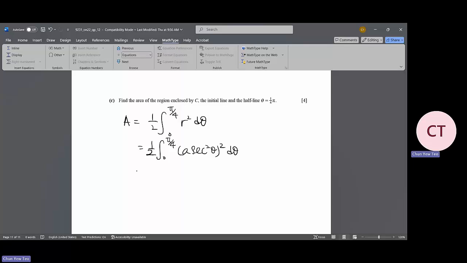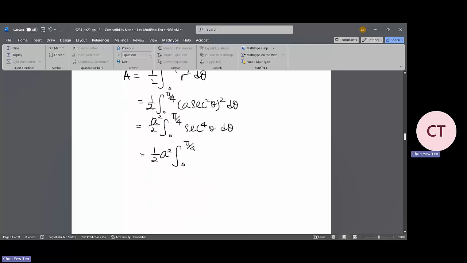So you will get half the integral from 0 to pi over 4 of a squared sec to the power 4 theta d theta. So how are we going to integrate sec to the power 4? We know that we can integrate sec squared.